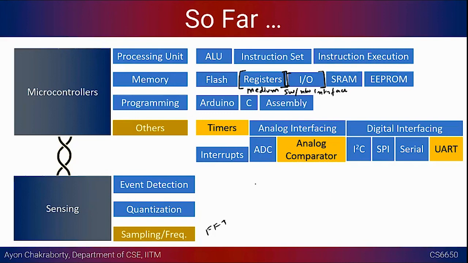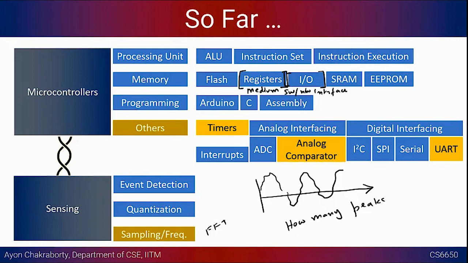Let's say in the step counting example, if you remember, all we were doing was reading an analog value, and once you plot the data, you saw something like this. And maybe you want to look at how many peaks are present, how many peaks per unit time.